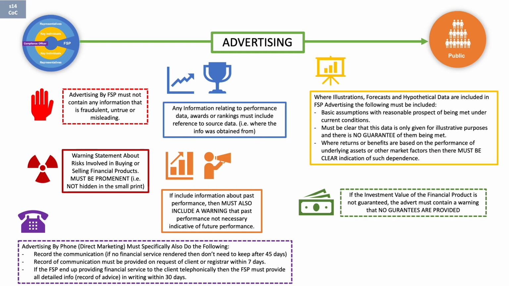The record of communication must be provided on request of client or the authority, also referred to as the registrar or commissioner, within 7 days. 3. If the FSP ends up providing financial service to the client telephonically, then the FSP must provide all detailed information known as the record of advice in writing within 30 days.